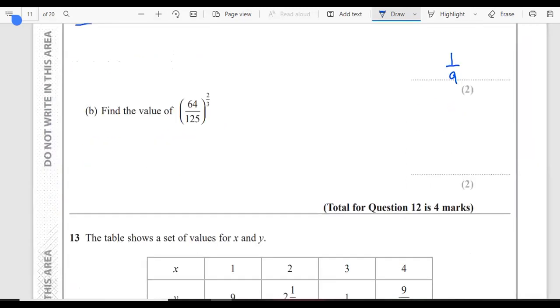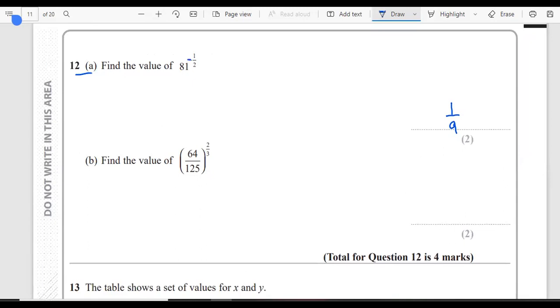Next, 64 by 125 to the power 2 by 3. Okay, should I do it? All right. So we have two parts in the power, right? Whenever you have a fraction in the power, always break it down, separate the numerator and separate the denominator.